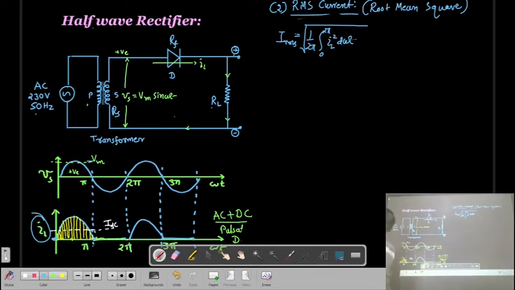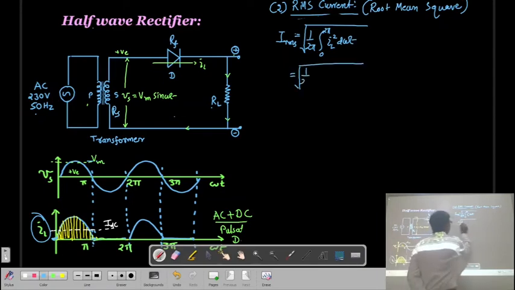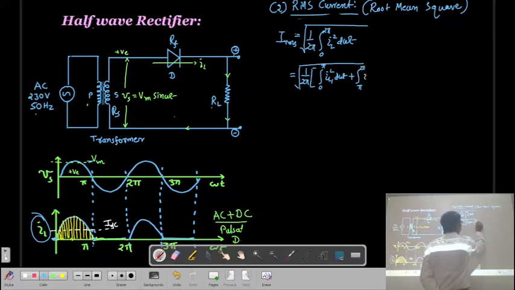Now we have to solve this integration. Again, here we have two different values of the load current, so I have to divide this integration into two parts: 0 to pi of I_L1 squared d omega t, plus pi to 2 pi of I_L2 squared d omega t.